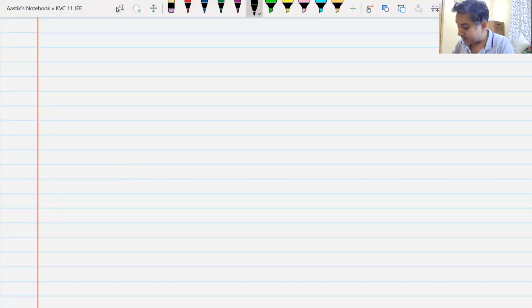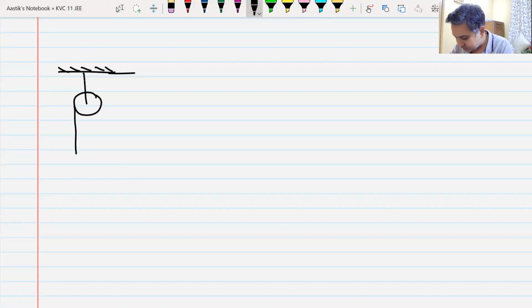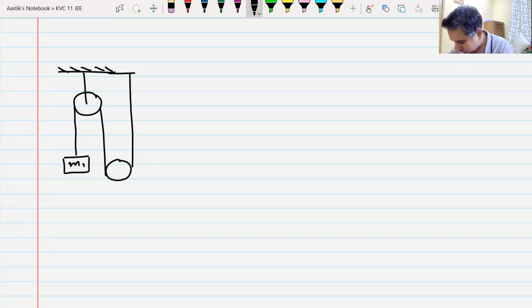Now remember, when there are more than one string, you must name the strings or you must draw the tensions carefully. For example, if this is the system, this is block M1, and this is the block M2. Can you now draw the free body diagrams of M1 and M2?